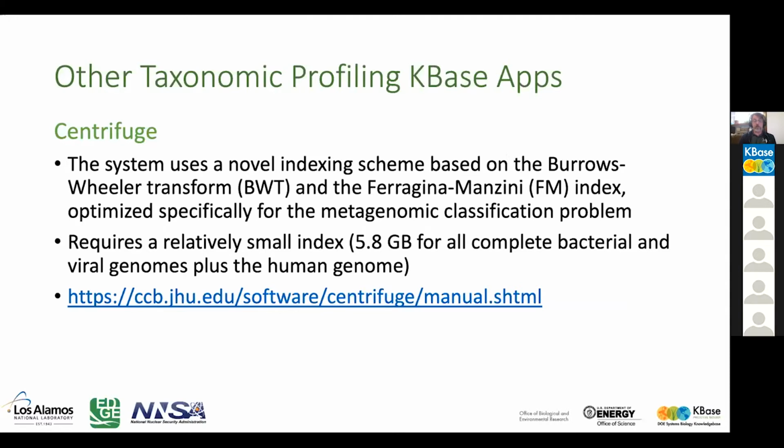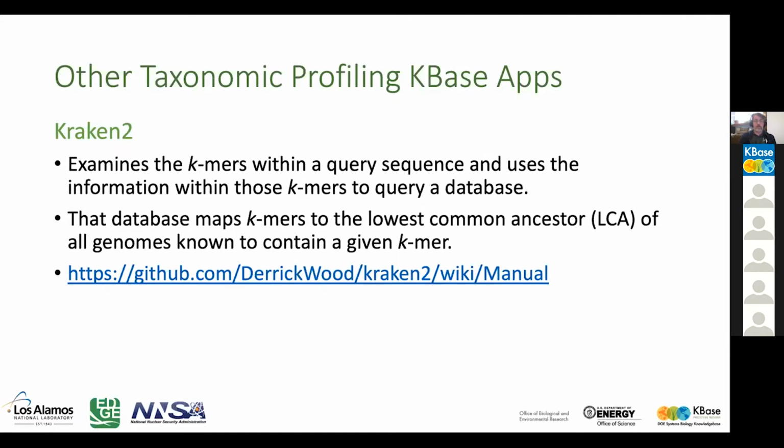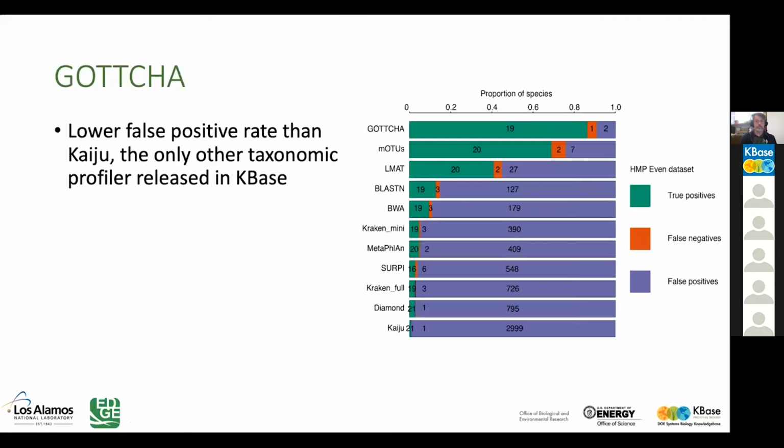It uses a fairly small index, which is nice if you're running it on your own outside of KBase. Kraken 2 is a k-mer-based taxonomic profiler. It maps the k-mers to a database and finds the least common ancestor of all genomes known to contain a given k-mer.